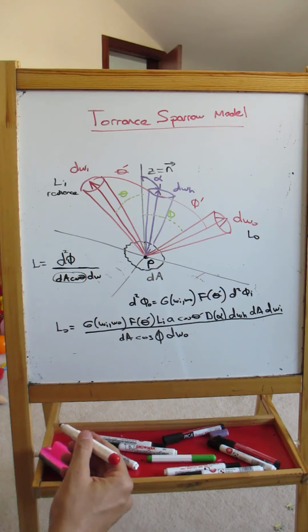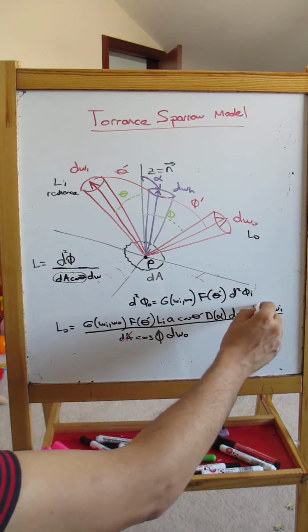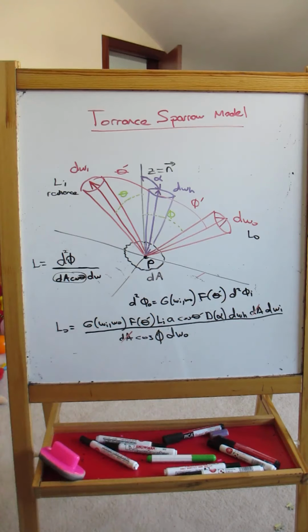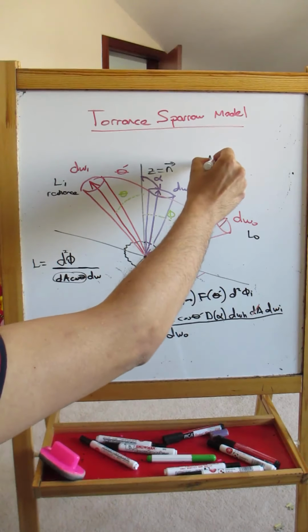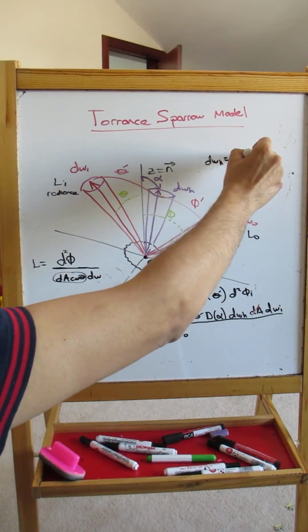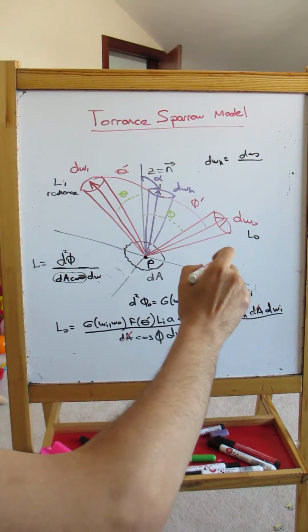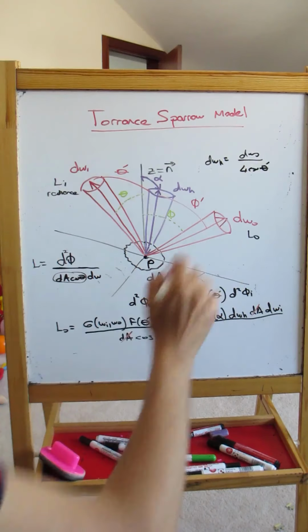Now there is one simplification possible here, right? So we can clean this part and this part, but another simplification is possible because of a rule that we have learned earlier. In the first couple of videos I have mentioned that there's a relationship. So please remember this relationship. What did we say? dWh was equal to dWo divided by 4 cosine theta prime.